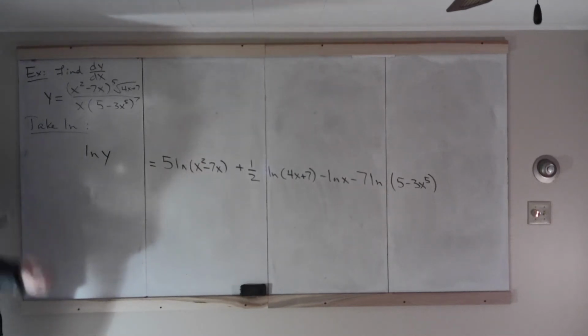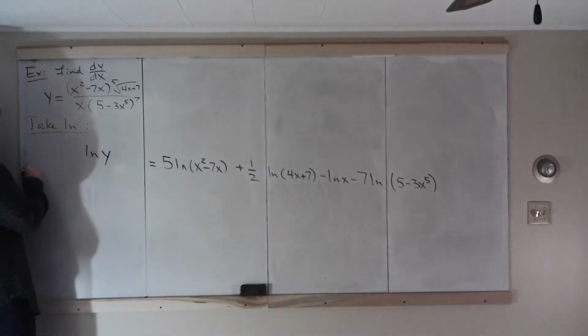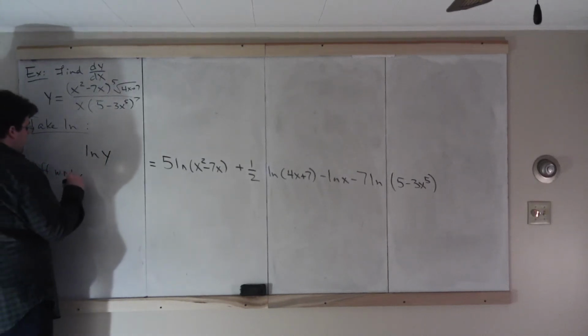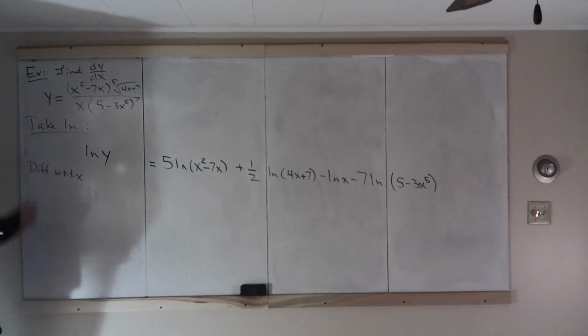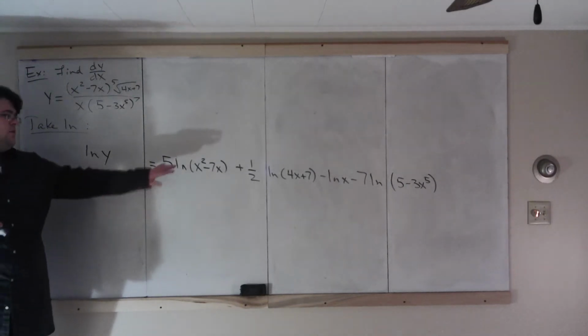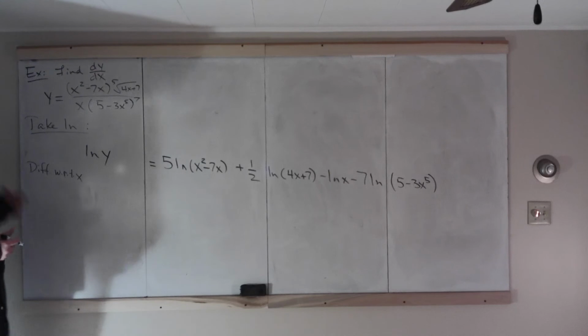Now we can do our implicit differentiation. So differentiate with respect to x. And that second recollection is going to help deal with the derivatives on the right in a quicker way.